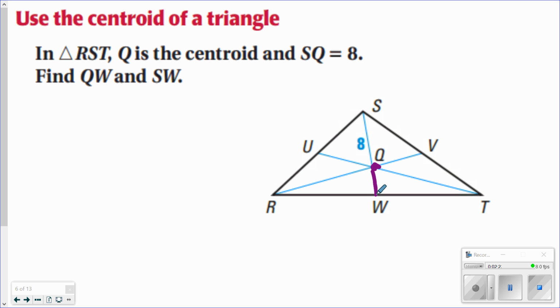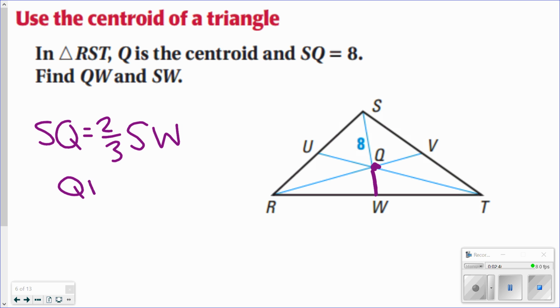If we know that SQ is 2/3 of the entire segment SW, well, that would mean that QW would equal 1/3 of SW, right? Because 2/3 plus 1/3 would equal an entire whole, 3 out of 3. An easy way to figure out what QW is, is to look at this number here.